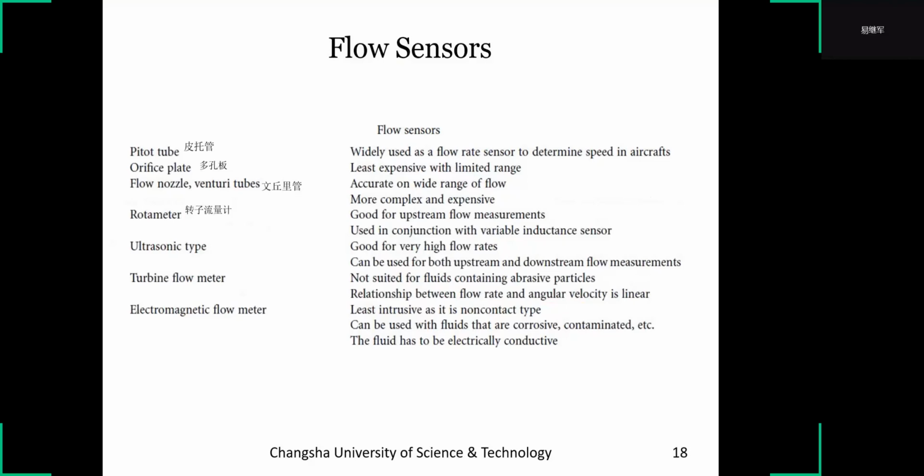Flow sensors. Pitot tube is widely used as a flow rate sensor to determine the speed in aircraft.